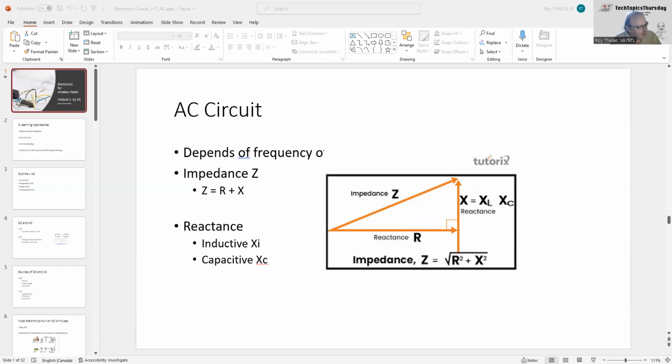Impedance is basically reactance and resistance combined, but it's not a simple addition. It's all based on trigonometry, basically the Pythagorean theorem. To calculate this on the vector, it's basically the square root of the sum of the squares. But you don't need to know this.